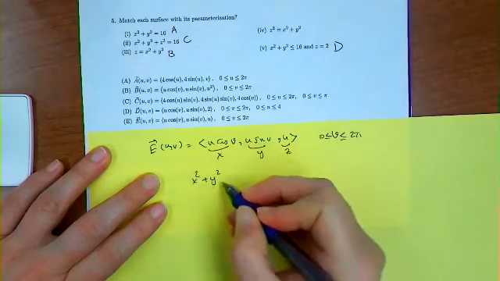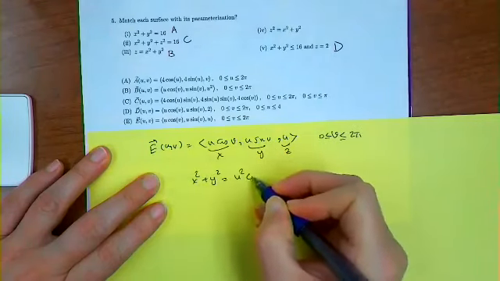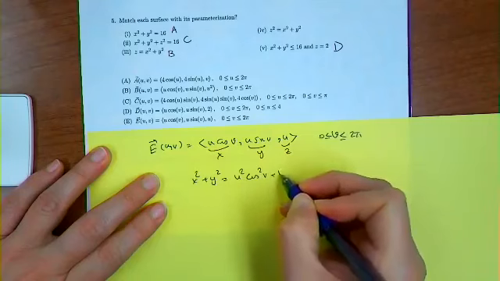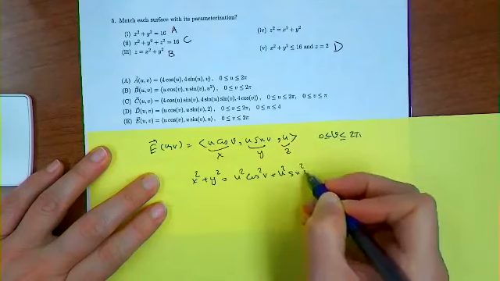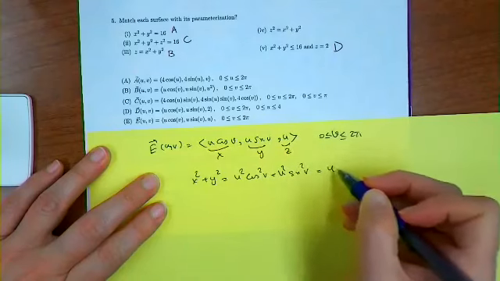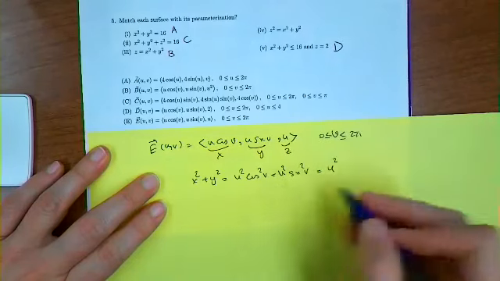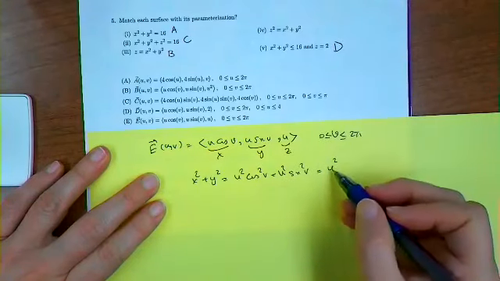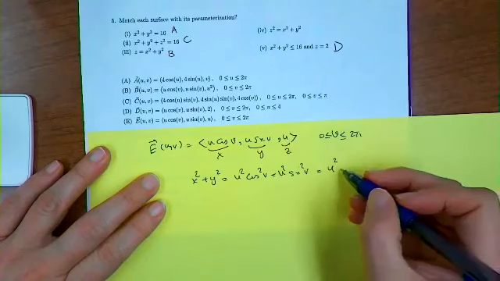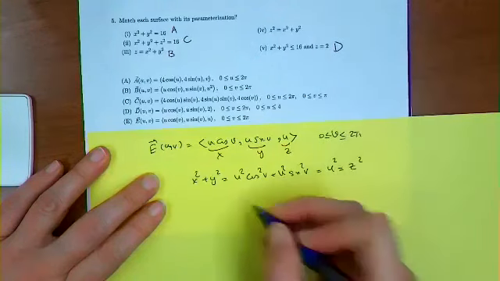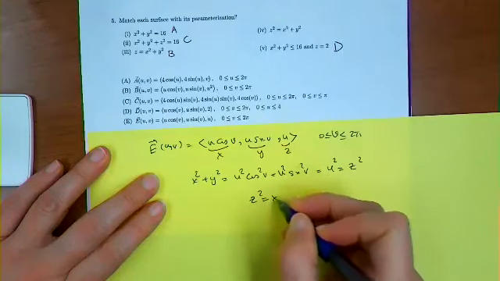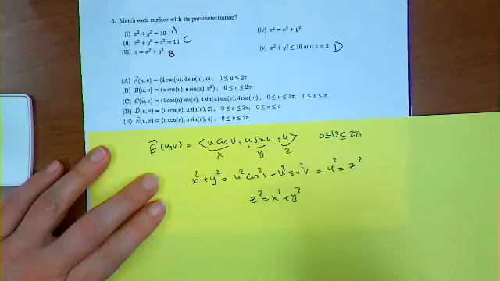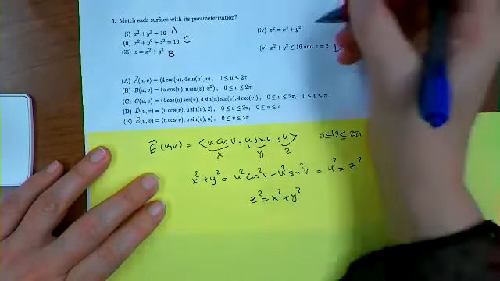So I start with x squared plus y squared, and I know this is going to end up with all my practice to be u squared. And u squared is equal to z squared. So z squared equal to x squared plus y squared. And that's the cone. And let's see, it's right here.